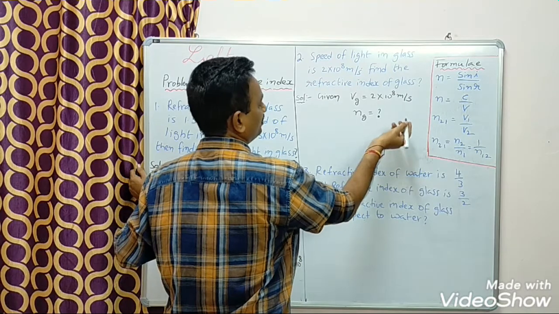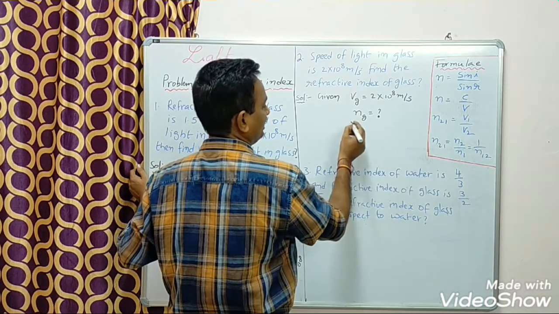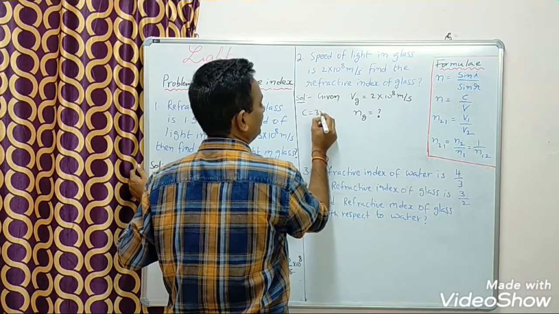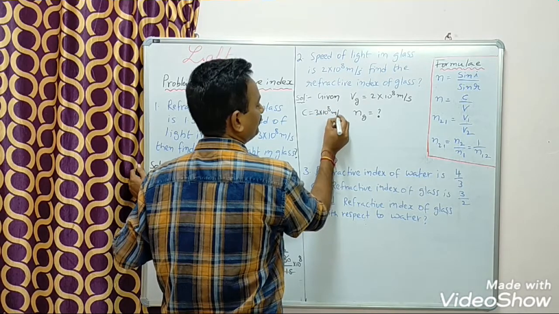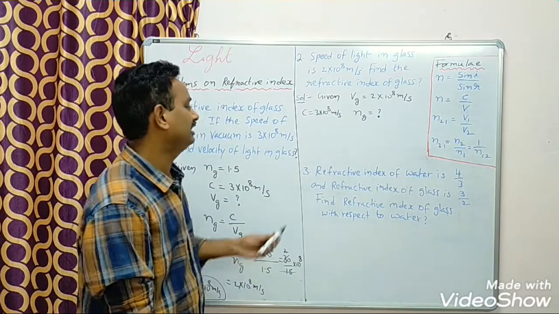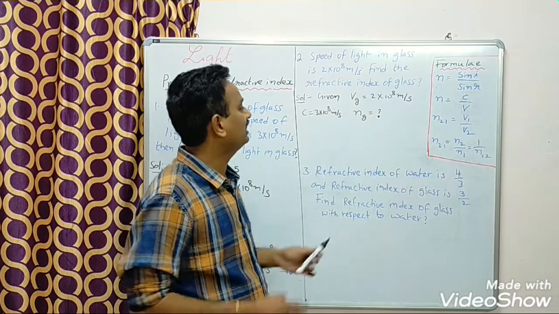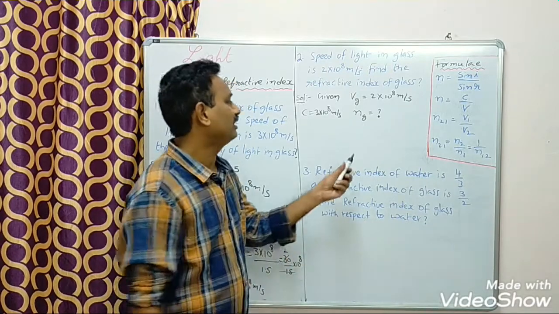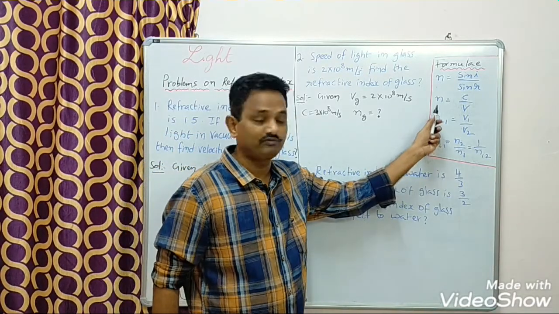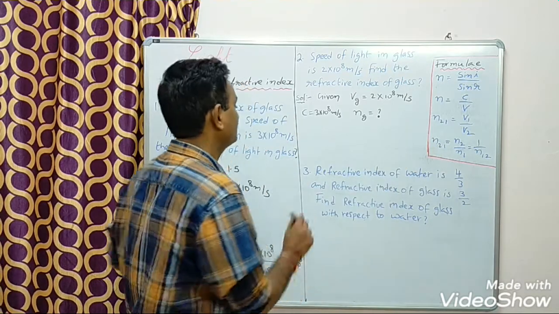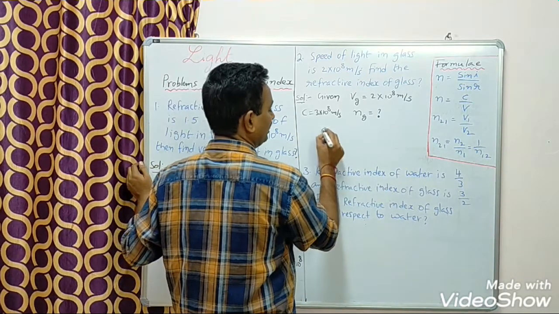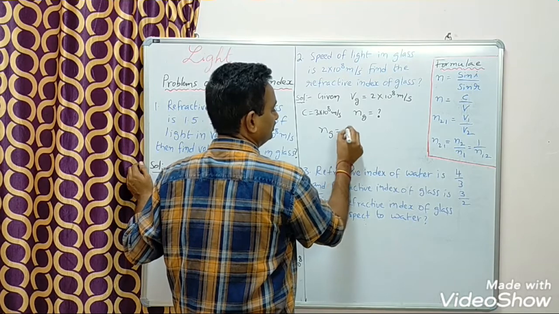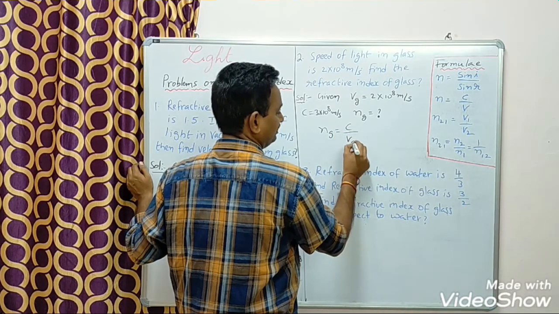Okay. So here we know that speed of light in air or vacuum, that is c equal to 3 into 10 power 8 meter per second. We have to calculate refractive index of glass. So here we have to take absolute refractive index. That is n of g equal to c by vg.